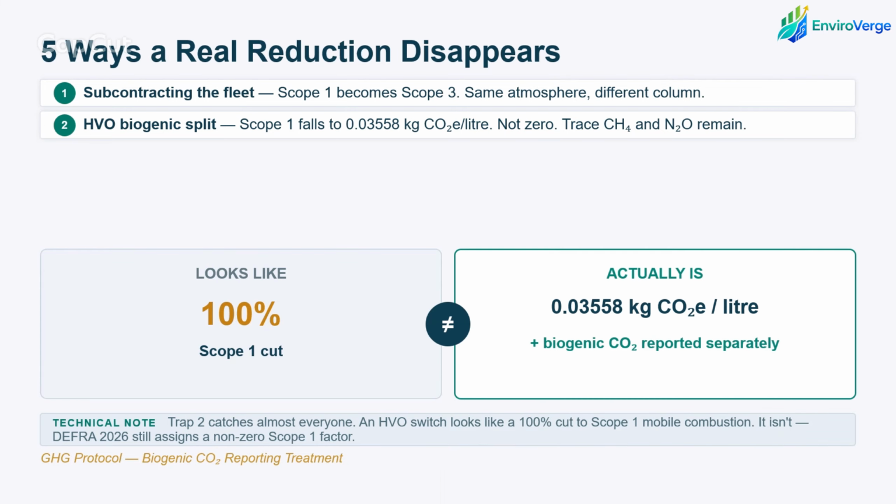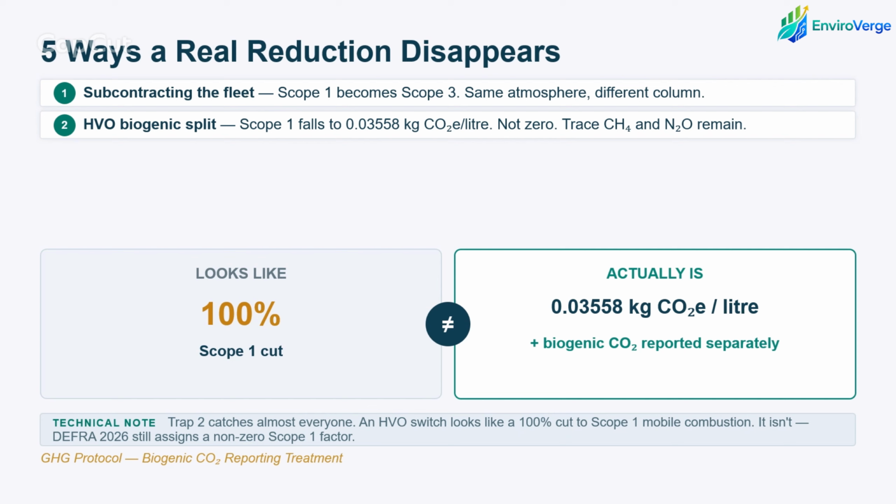It isn't. Under DEFRA 2026, HVO still carries a Scope 1 factor of 0.03558 kilograms per liter, trace methane and nitrous oxide. And the biogenic CO2, the carbon that came out of the plant material in the first place, gets reported separately, outside the scopes altogether.